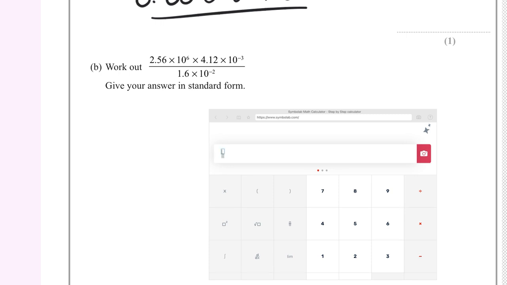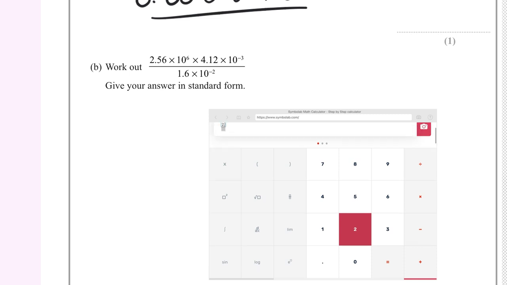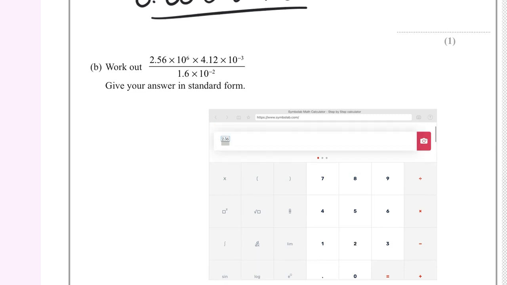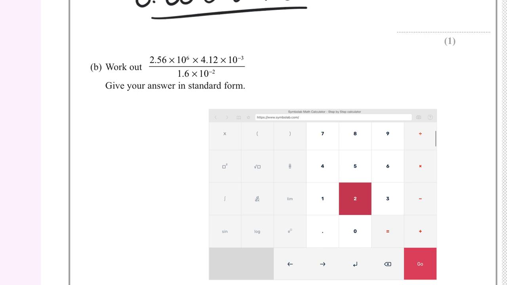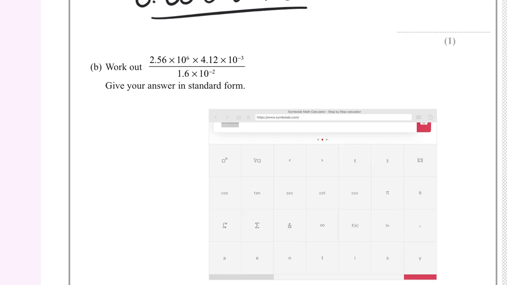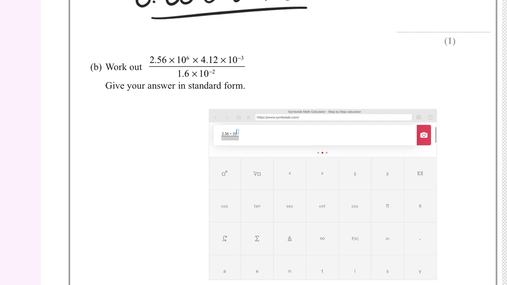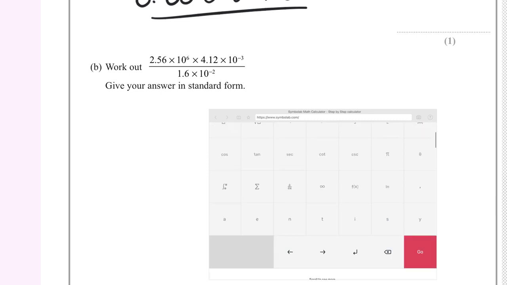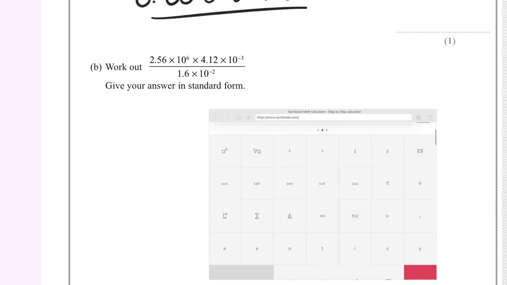First things first, fraction keys first. And we're doing 2.56 times 10, and you need to find the to the power of key in your calculator. Mine, I think, is on the next slide of numbers. So to the power of 6. Any time today would be lovely.